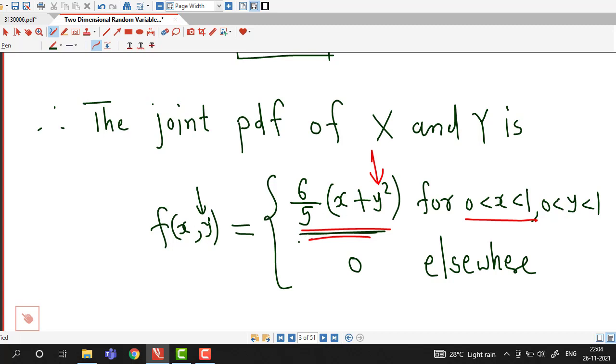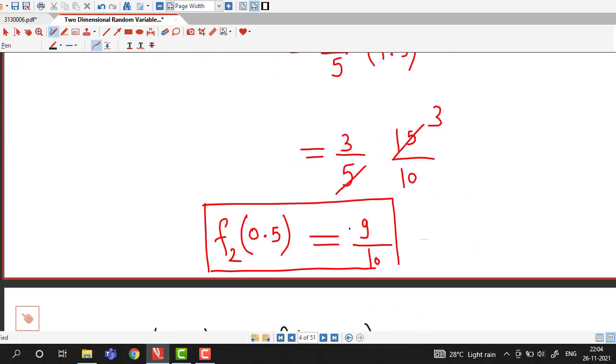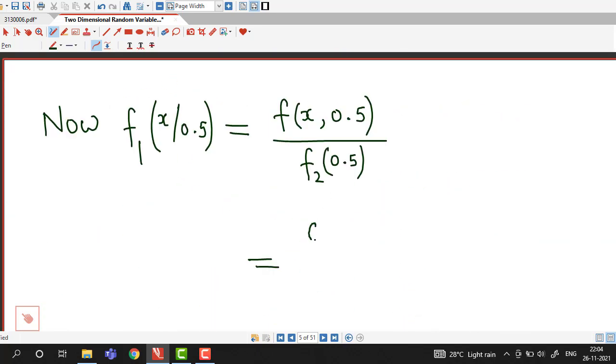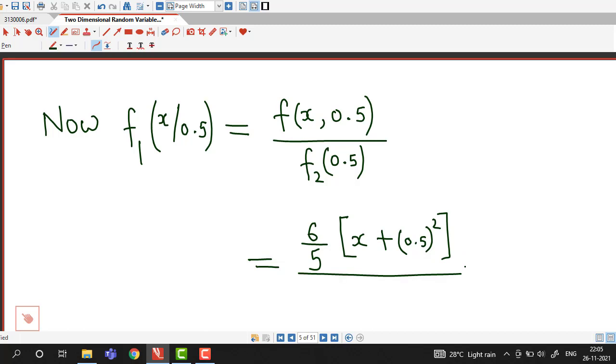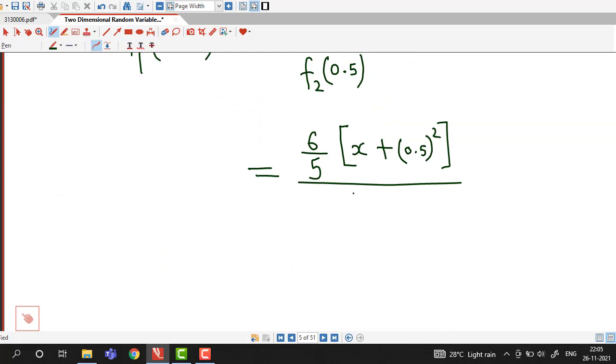So here we take y equal to 0.5 and we will obtain 6 by 5 times x plus square of 0.5, that is value of y, and divided by value of marginal density at 0.5, which is 9 by 10. So that we write here.